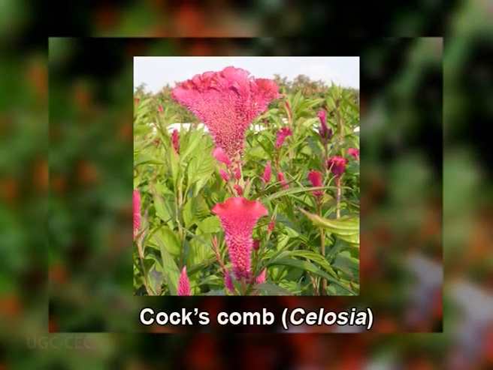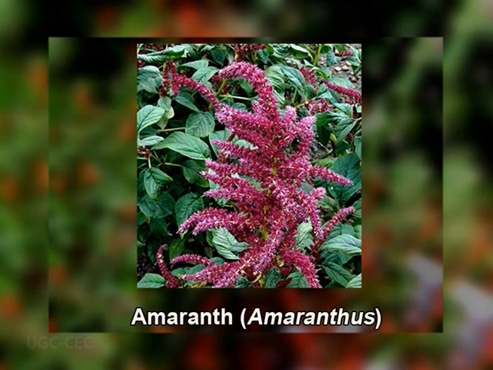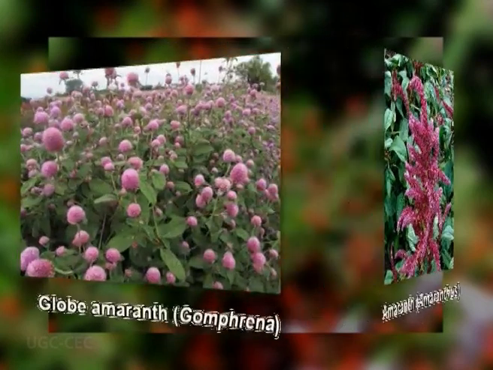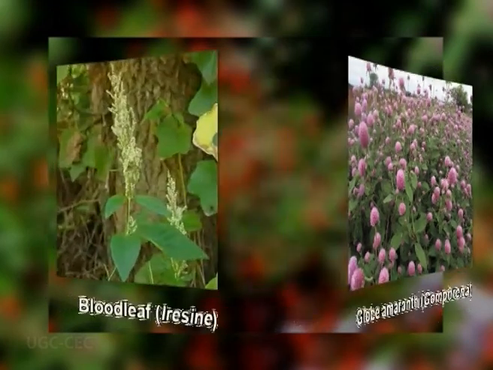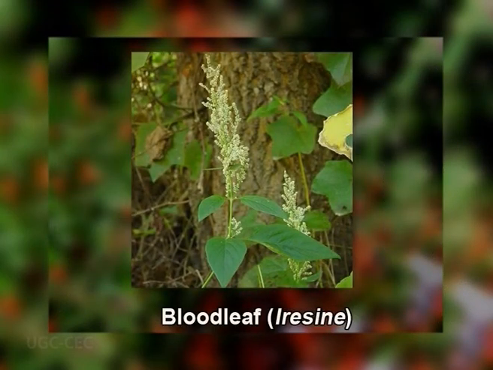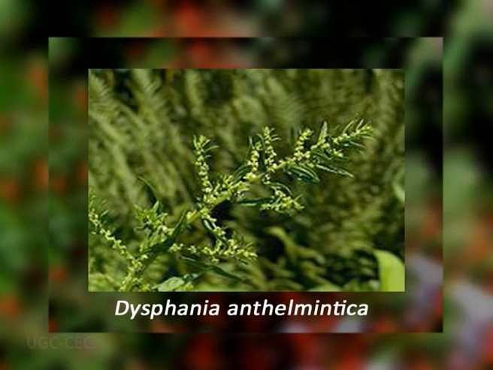For example, coxcomb, Celosia, amaranth, Amaranthus, globe amaranth, scientifically known as Gomphrena, or even the bloodleaf, scientific name Iresine. Some species by the name of Dysphania ambrosioides or Dysphania anthelmintica are used as medicinal herbs.